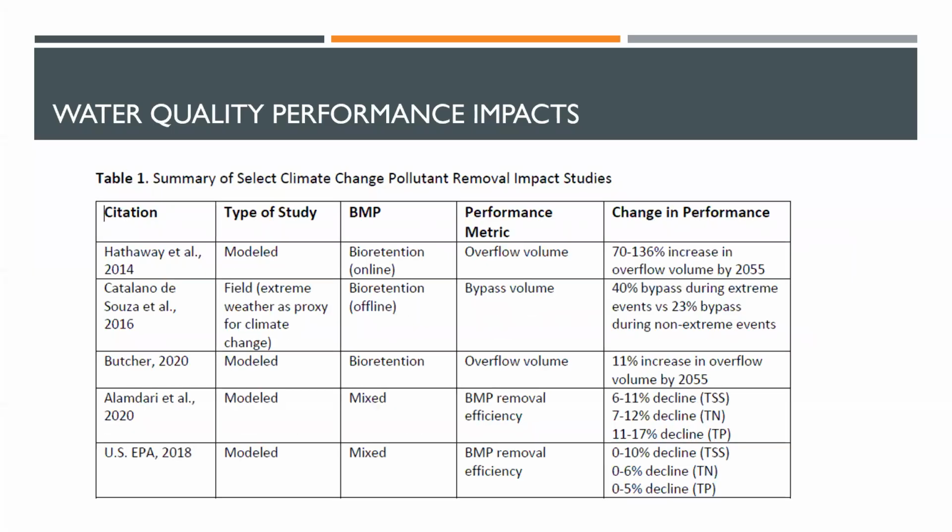So this is a summary of some of the pollutant removal impact studies that have been done. It is obviously really difficult to study how climate change is going to impact BMP performance in the future, because it's difficult to simulate the future in the field, right? So there has been a study that used extreme weather like hurricanes and large intensity events as a proxy for climate change to look at their impact on bioretention.